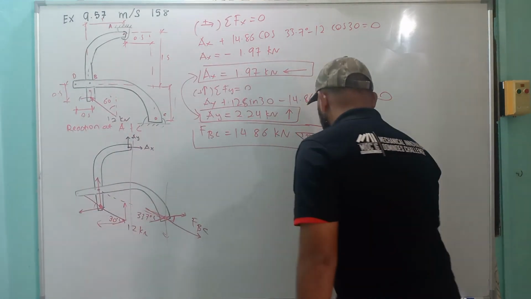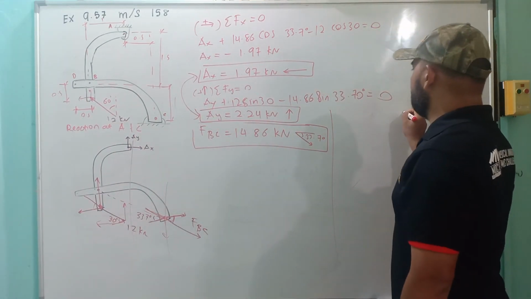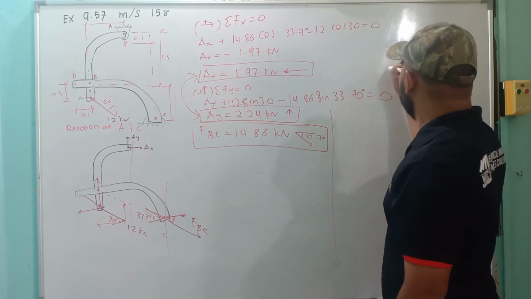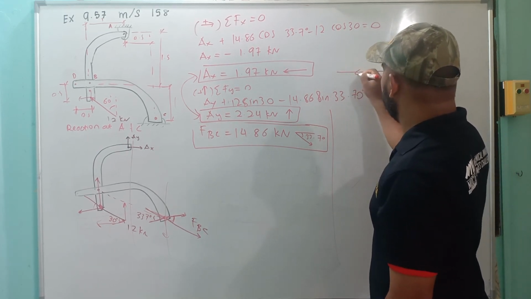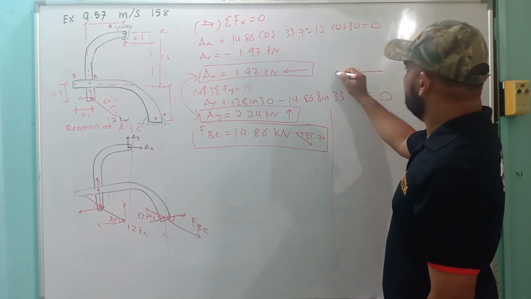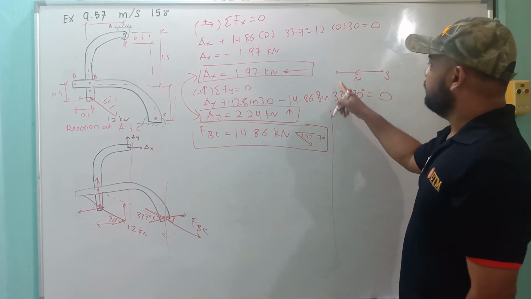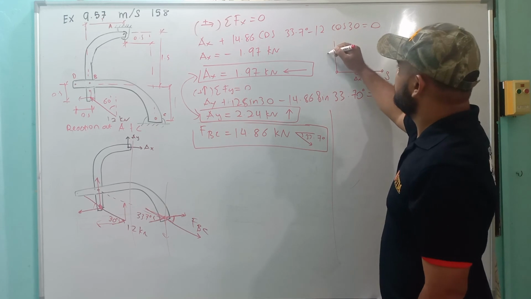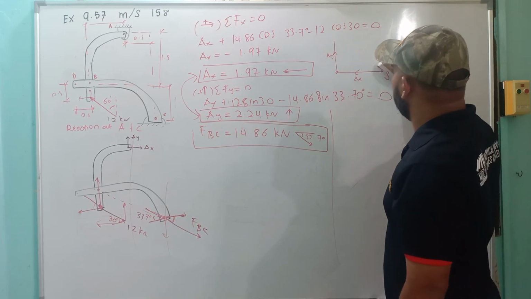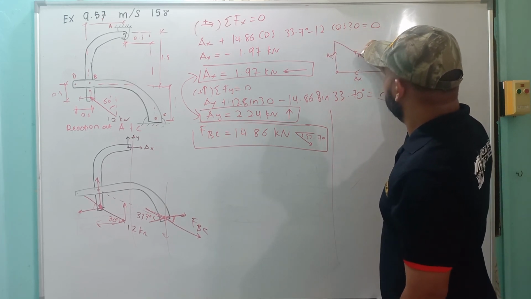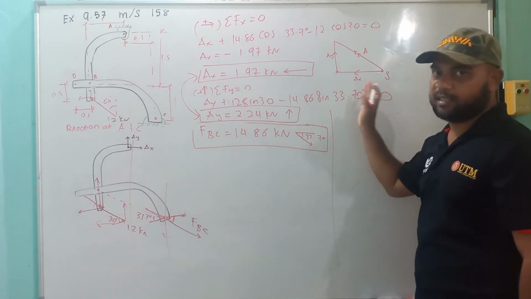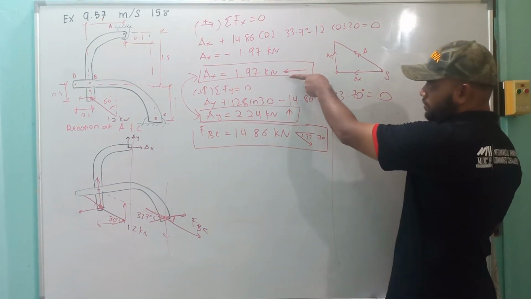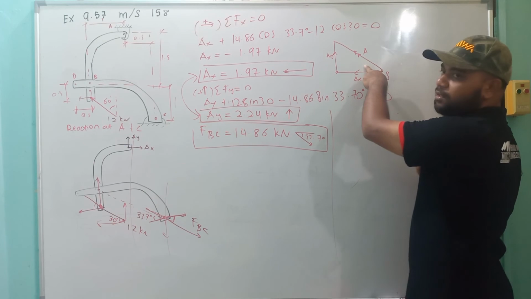Okay, so combination, Ax to the left first here, this is our start point, plus Ay, which is upward here. So we have A. Make sure you understand this correctly. If this one goes there, this one goes there, what is the direction of A?